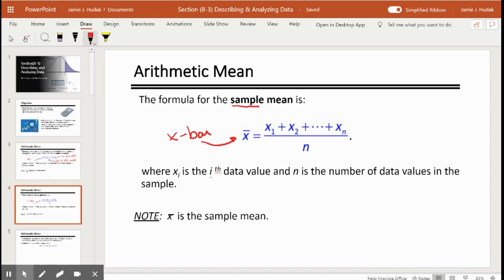But a sample mean can and often will differ from the population mean because it's made up of fewer data points than the population. So sample mean often differs from population mean.